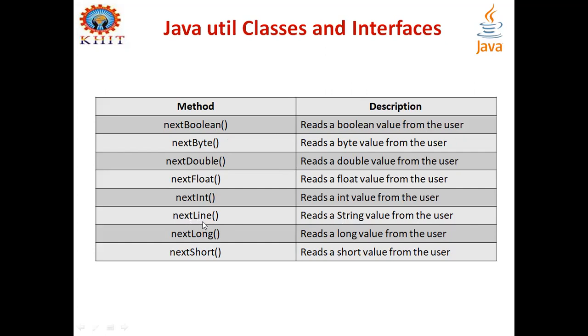Don't be confused here. All these data types use the same pattern: nextFloat, nextDouble, nextByte, nextBoolean. But here, nextLine is the method to read a string value from the user, right? The next ones are nextLong for a long value, and nextShort for a short value. Got it?